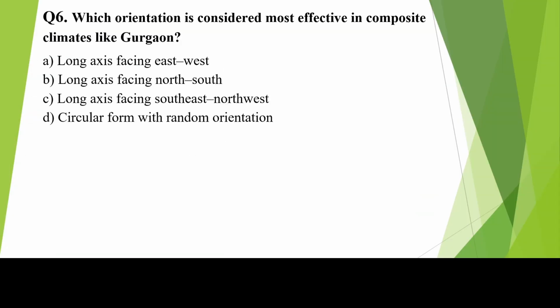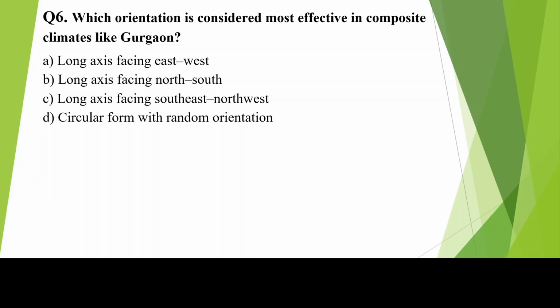Question number 6. Here is question number 6 for you all. Which orientation is considered most effective in composite climates like Gurgaon? So, whenever you build your houses, which building orientation would you prefer in composite climate conditions like Gurgaon?